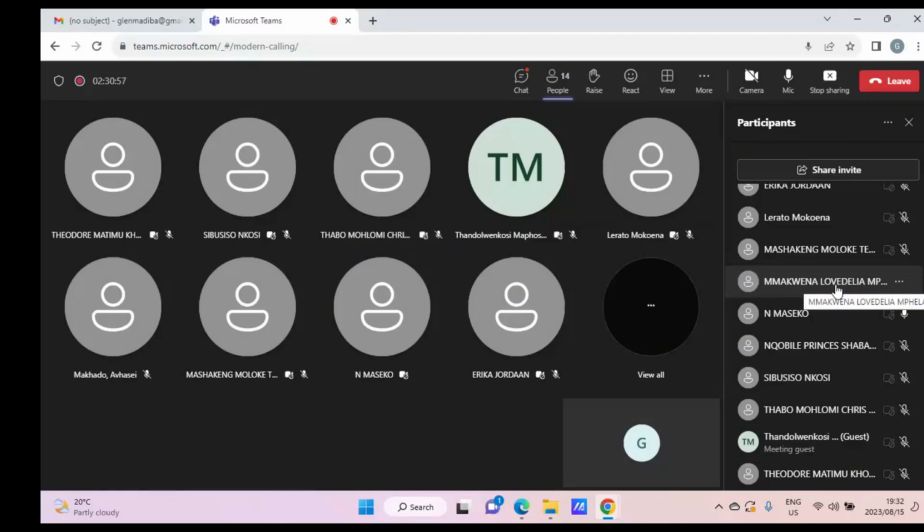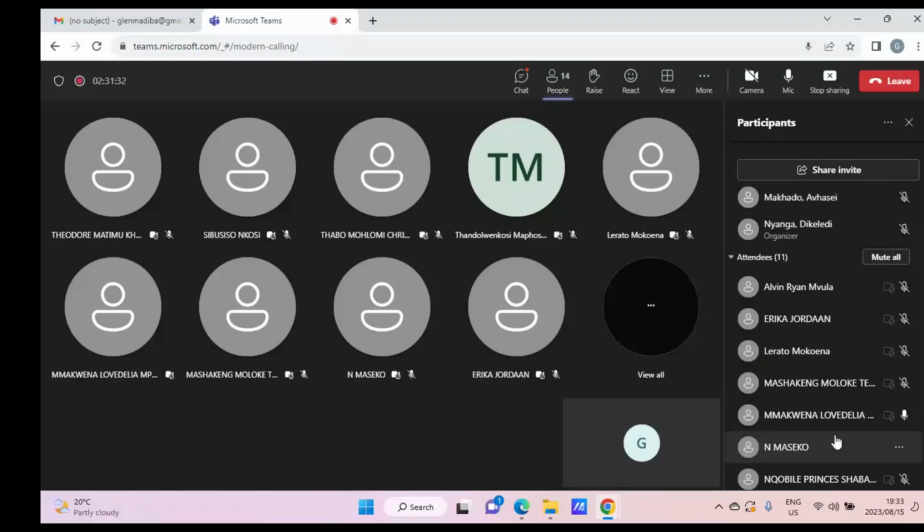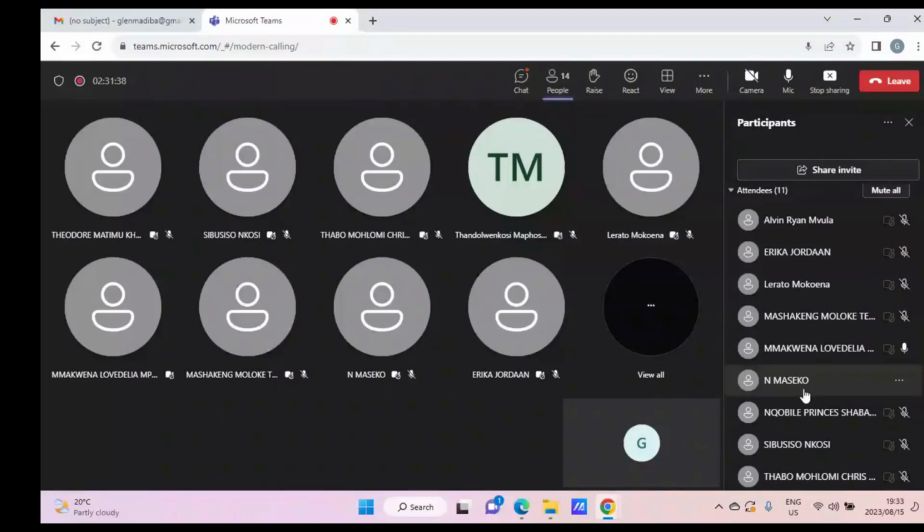Magwena, please also make sure that this message gets to Abdul, okay? In terms of what is it that we need to do, okay? Are you promising me that you'll make sure that Abdul gets this message? Can I have his email address? No, everybody here, all of us who are in here, I do know that we are talking to each other. Let's talk to each other and also make sure that Sbusiso, Lerato, I don't even want to mention names.